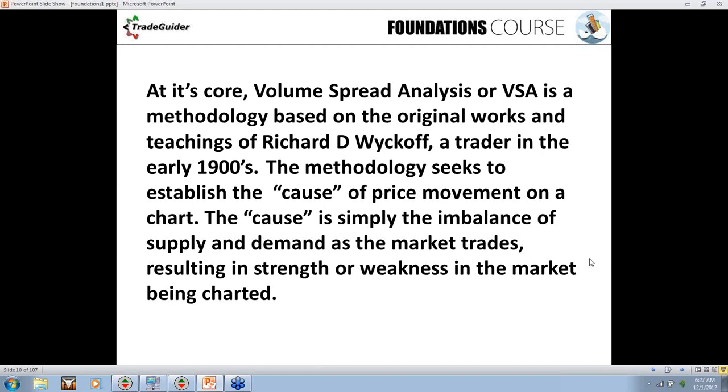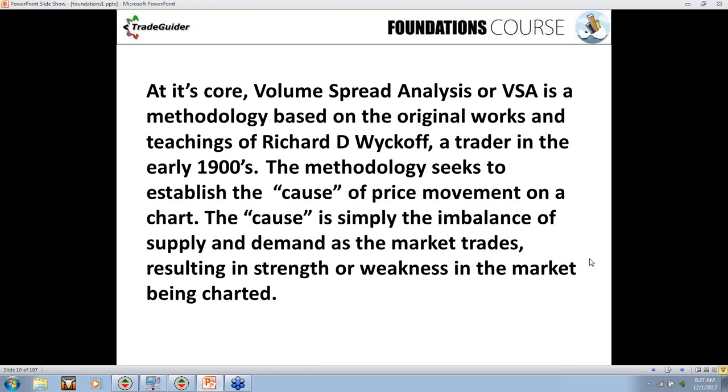Now in his day, of course, Wyckoff didn't have computers, which is why Tom Williams developed the TradeGuider system, because he had the ability to computerize the method that was taught by Wyckoff. In fact, Tom himself studied the Wyckoff method in Chicago, at Park Ridge as it happens. The Wyckoff method is still taught today at the Golden Gate University in San Francisco. So it's a very valid method.